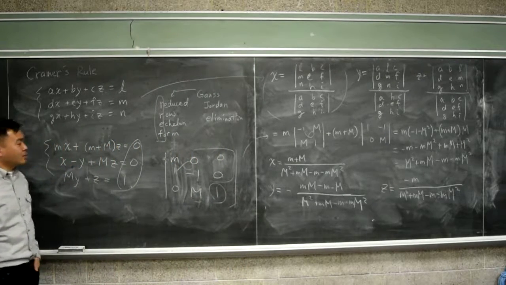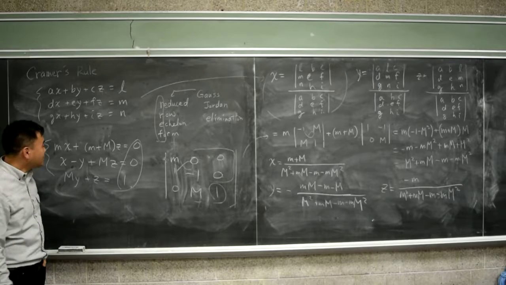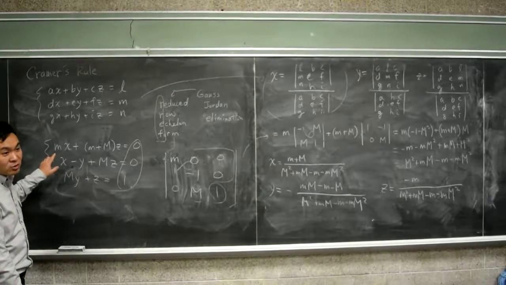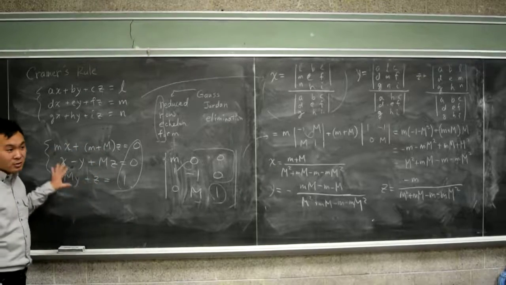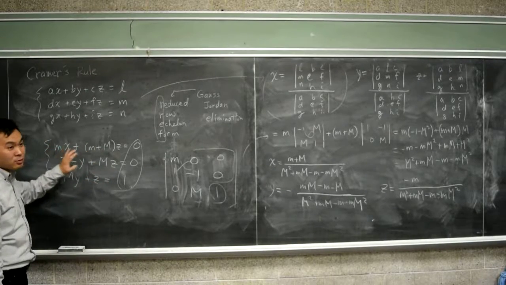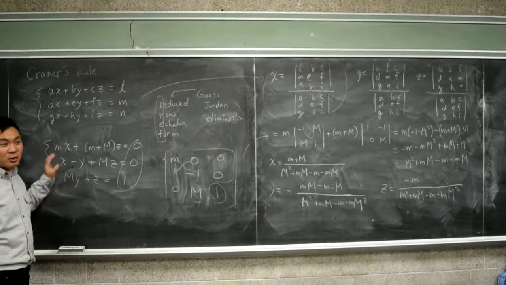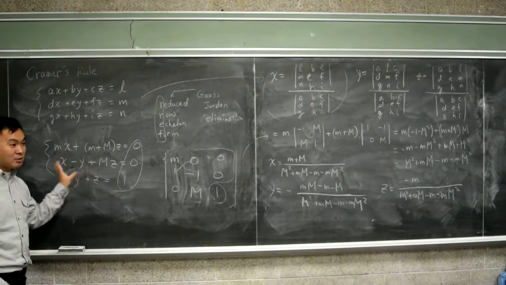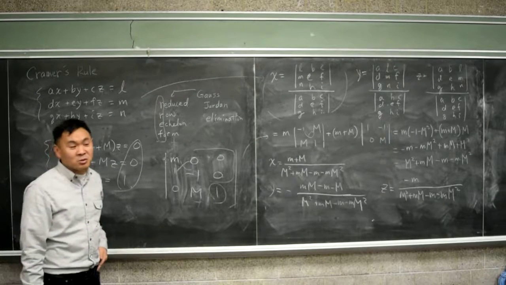Often, in differential equations, you have to solve equations like this where the coefficients are sines and cosines. So if the coefficients are very complicated, then you want to use Cramer's Rule.